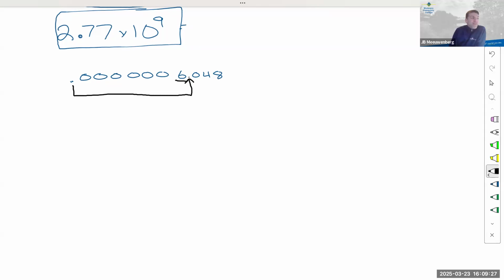So we'll have the 6, then we'll put our decimal point, and then we'll keep those numbers. 6.048 times 10. How many 10s do we need? Well, we're moving it 1, 2, 3, 4, 5, 6, 7 spots back to the left. And so this is -7.